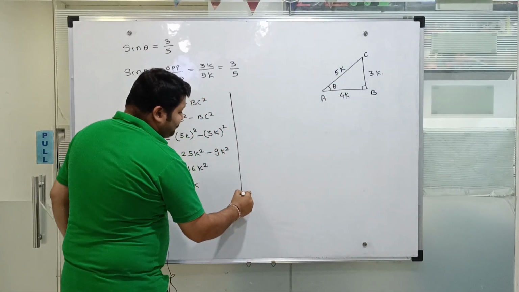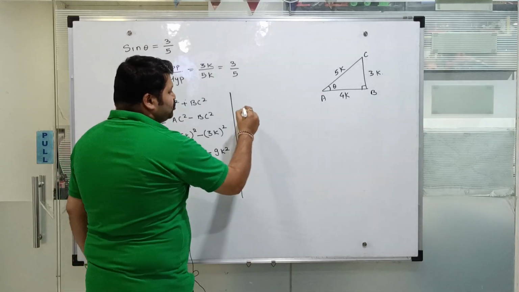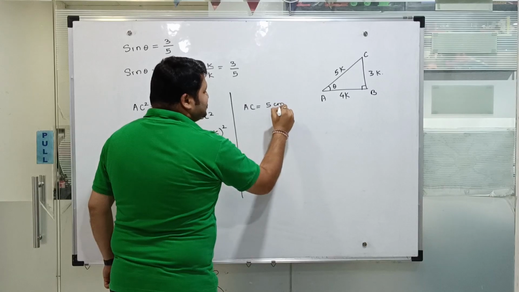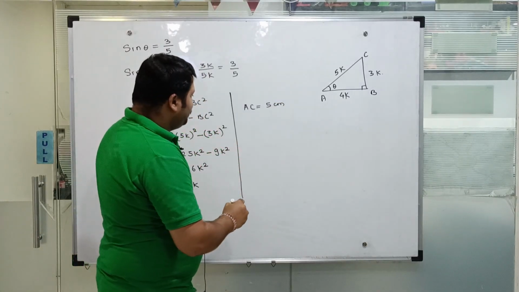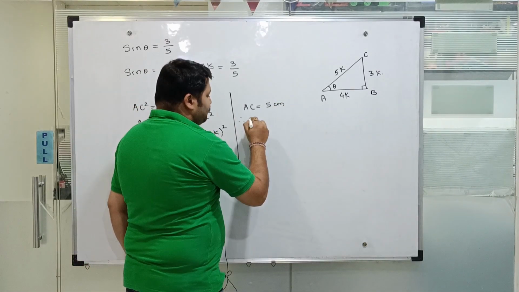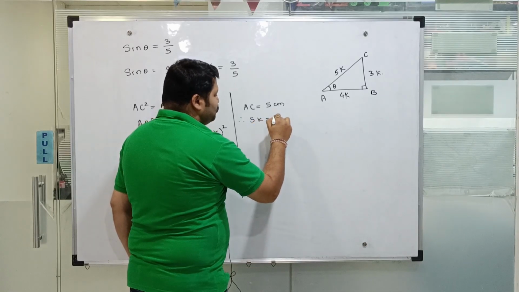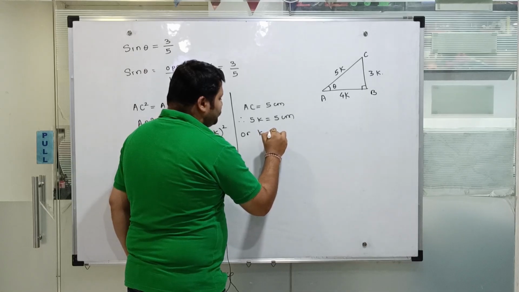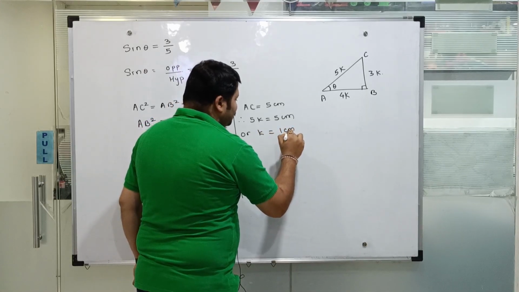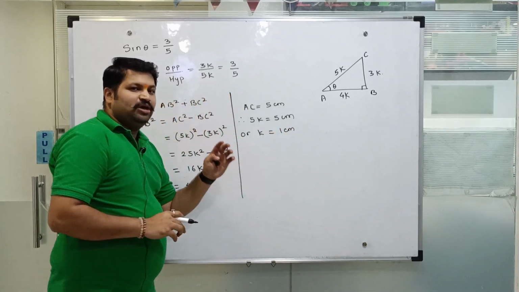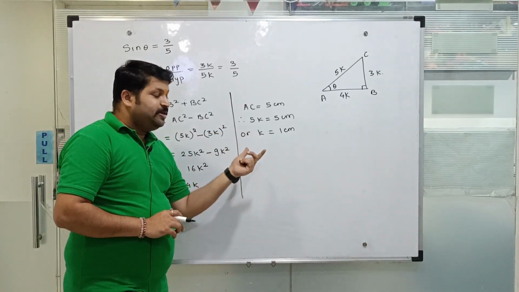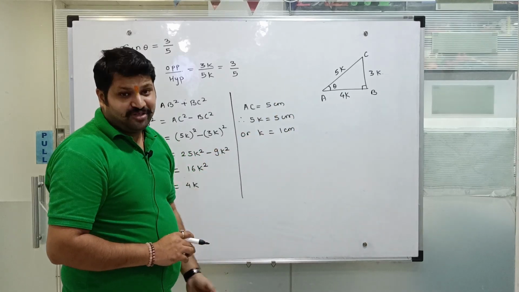The other piece of information that I had was AC is equal to 5 centimeters. Therefore, 5k is equal to 5 centimeters, or k is equal to 1 centimeter, meaning the common multiple is 1 centimeter. This gives me the lengths of the remaining 2 sides.